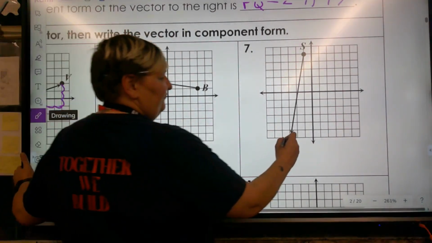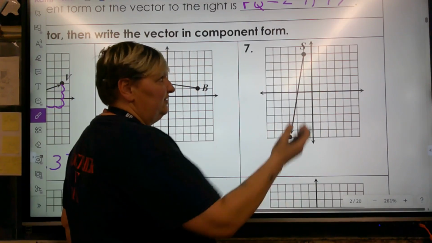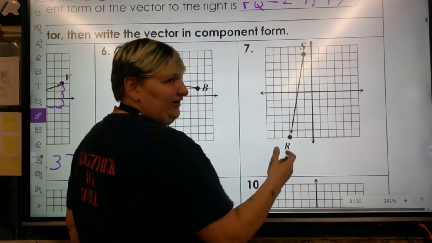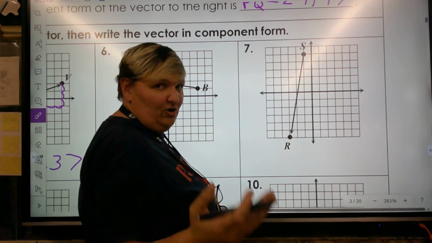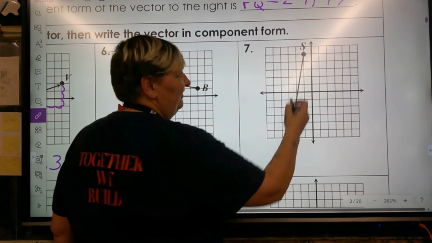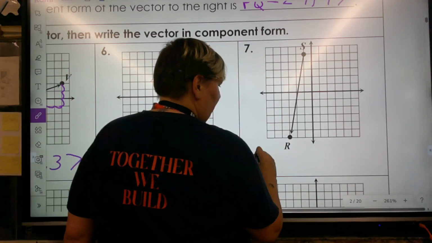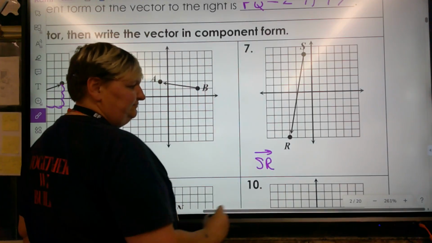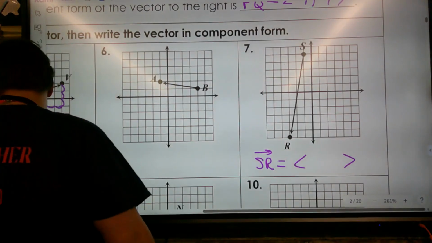All right, first name it. Look carefully. The initial point, the end point, they're not always where you think they are. The one with the arrow on it is your terminal point, your end point, right? So initial point S, terminal R, put your ray on top, equals, put your little vector symbols.